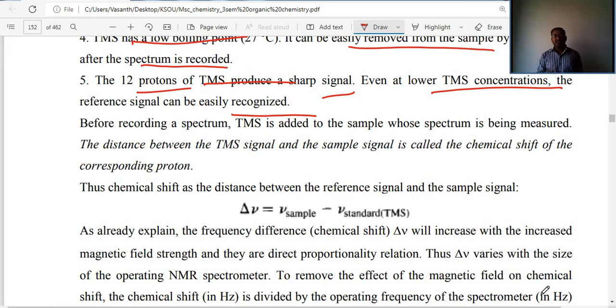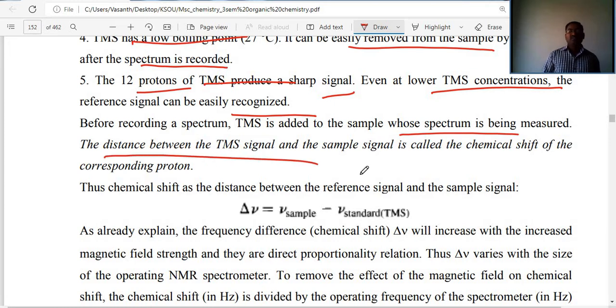Before recording a spectrum, tetramethylsilane is added to the sample whose spectrum is being measured. The distance between the TMS signal and the sample signal is called the chemical shift of the corresponding proton.